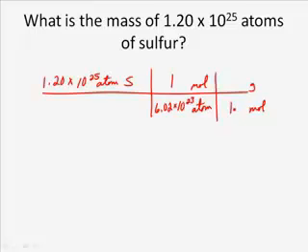And 1 mole of sulfur is 32.066 grams of sulfur. So 1.2 times 10 to the 25th divided by 6.02 times 10 to the 23rd, and then times 32.066. So 639 grams of sulfur.